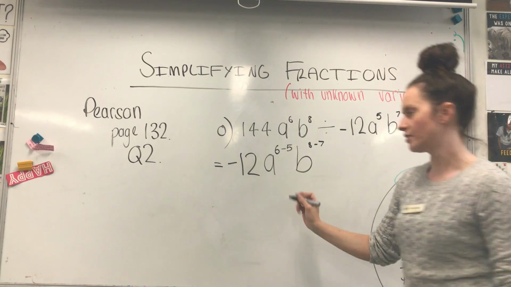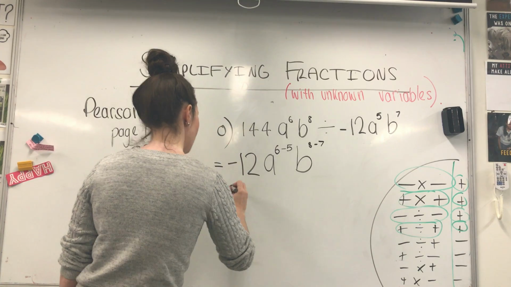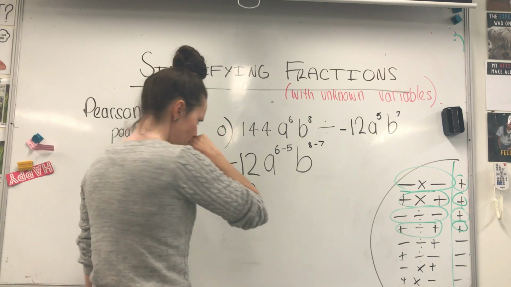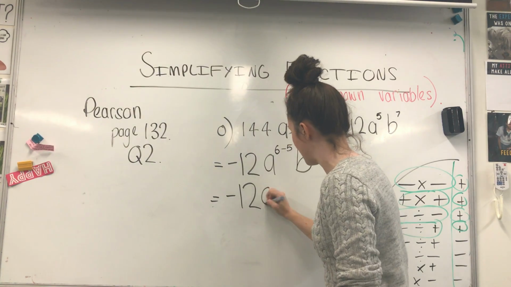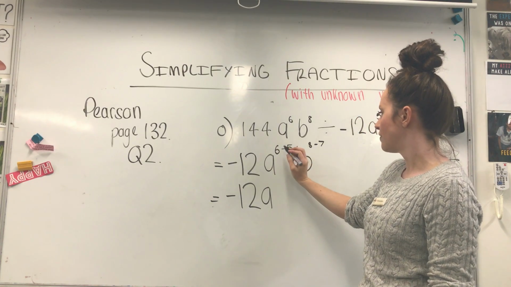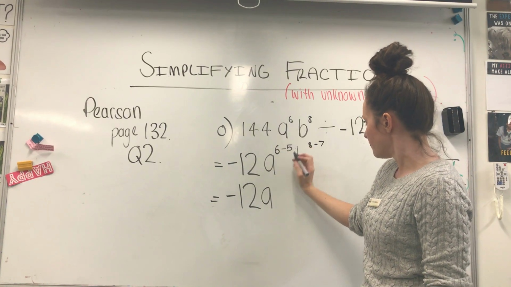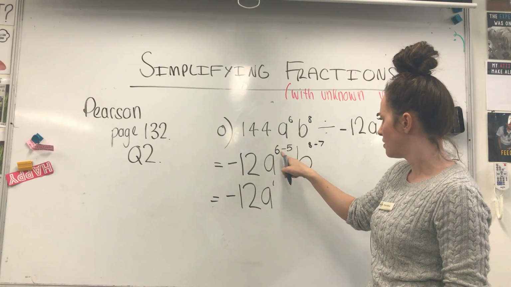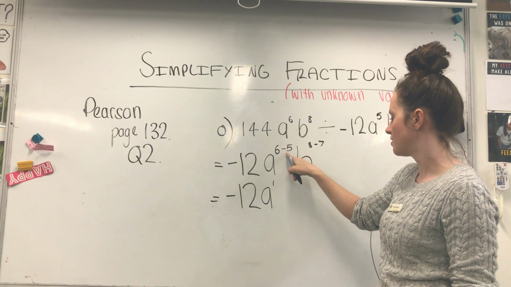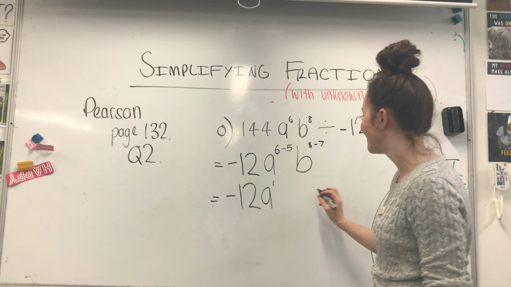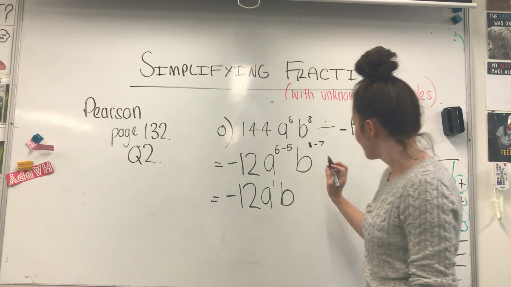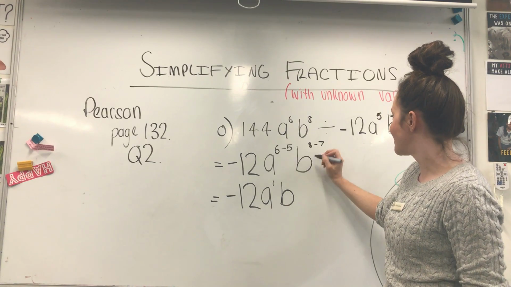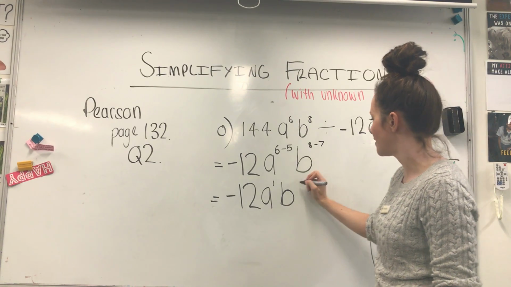All right, now let's put this on a new line. So equals negative 12, a to the power of, well, we've got 6. So 6 subtract 5 is 1. And then we've got b, and b to the power of 8 subtract 7 is 1.